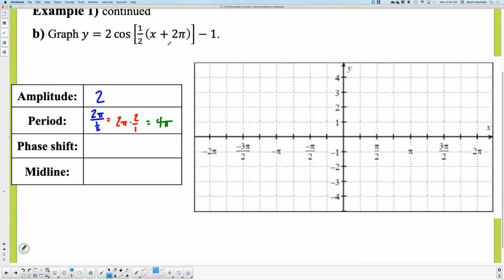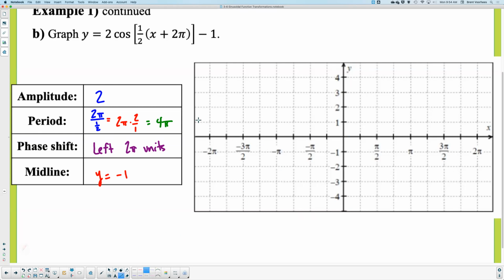Now the phase shift, remember the inside's a liar. So we're going to go left 2 pi units. And finally, the midline. What's our midline going to be? -1. Y equals -1. Good. So come up to your graph.